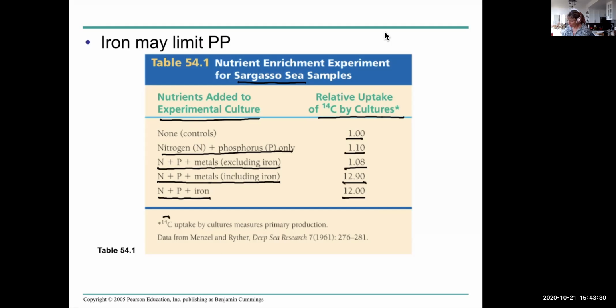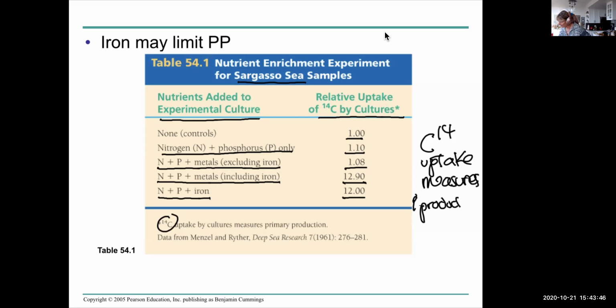So the uptake of carbon-14 measures primary productivity. It's a measurement. That's what ecosystem ecologists do. They measure things like productivity, and this is one of the ways in which they do that. So this shows that in the Sargasso Sea, at any rate, iron is limiting primary productivity.